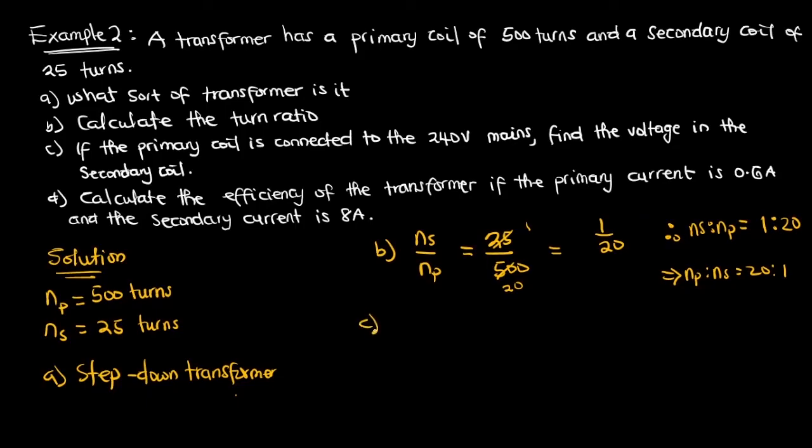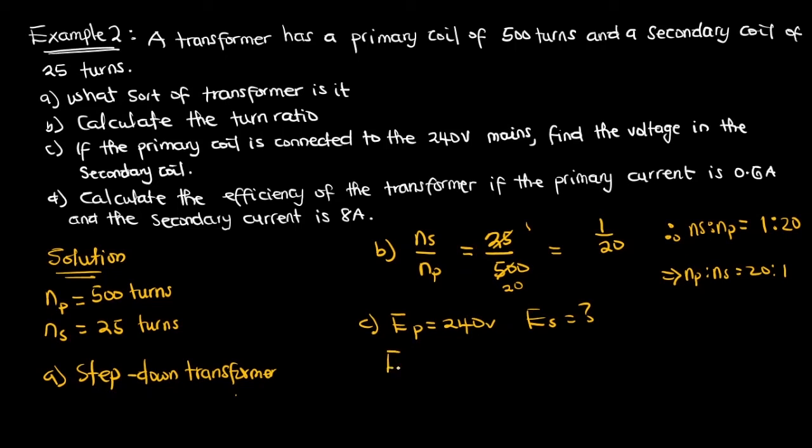Now let's look at the C part. The C is saying if the primary coil is connected to 240 volts mains, so the voltage passing through the primary coil is 240 volts, we have to find the voltage in the secondary. We have to find the ES. That is what we do not know, right? Already we have the ratio of NS to NP, so we can just use that in conjunction with this, and then we will get our answer.